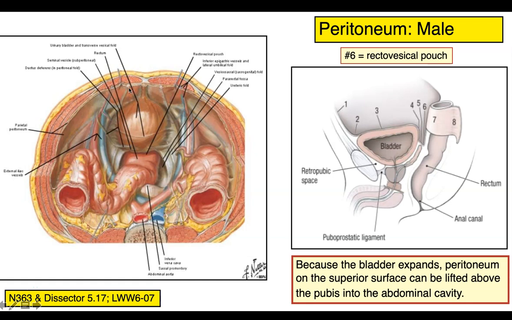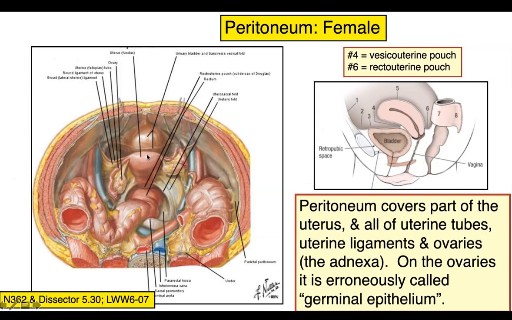From the anterior abdominal wall, the peritoneum covers the superior surface of the urinary bladder, then descends a little over the posterior aspect of the bladder, then covers the anterior aspect of the rectum. This peritoneal space between the bladder and the rectum is the rectovesical pouch. So in the male, this space is called the rectovesical pouch.